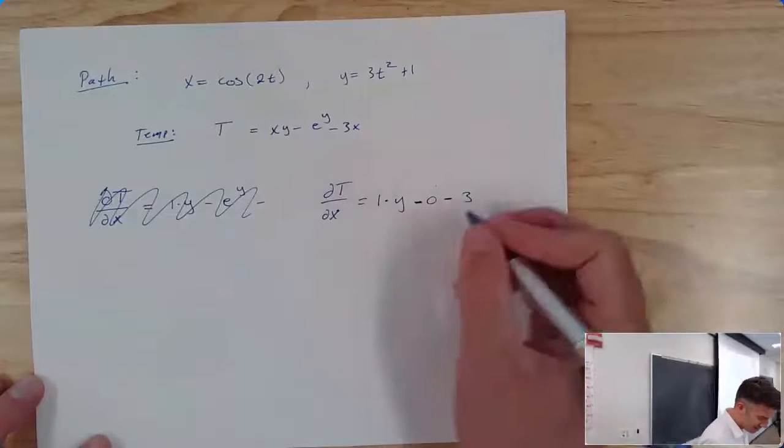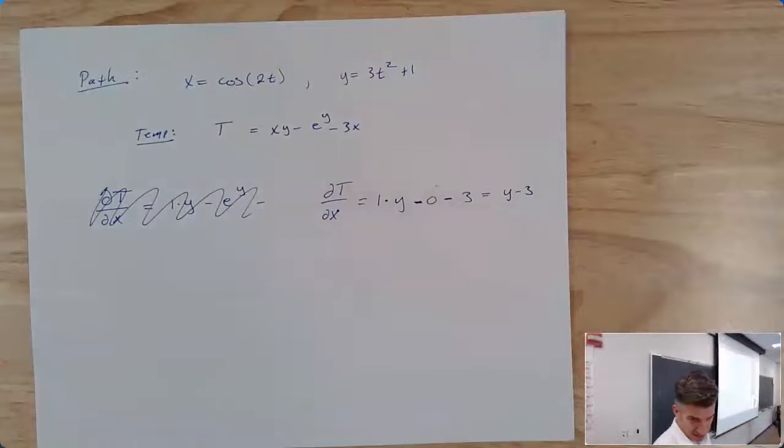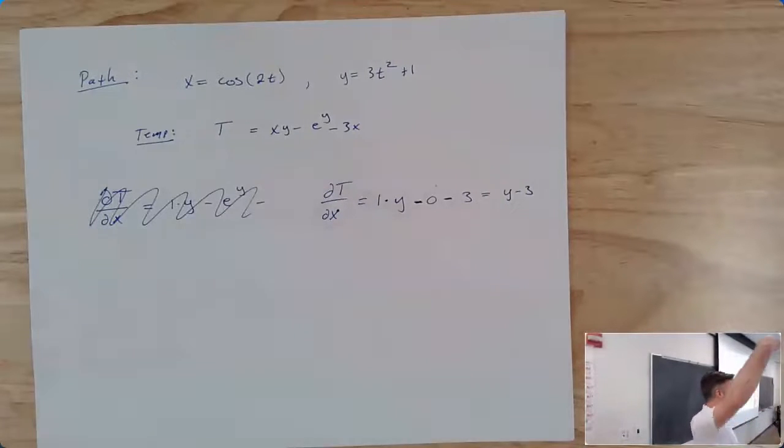So del T del x is y minus 3. When you look at what this measures, you should always think about how the top thing is changing as the bottom thing is changing.